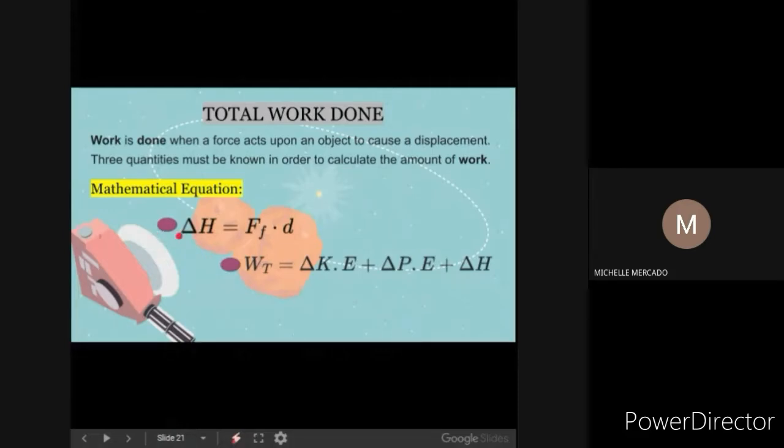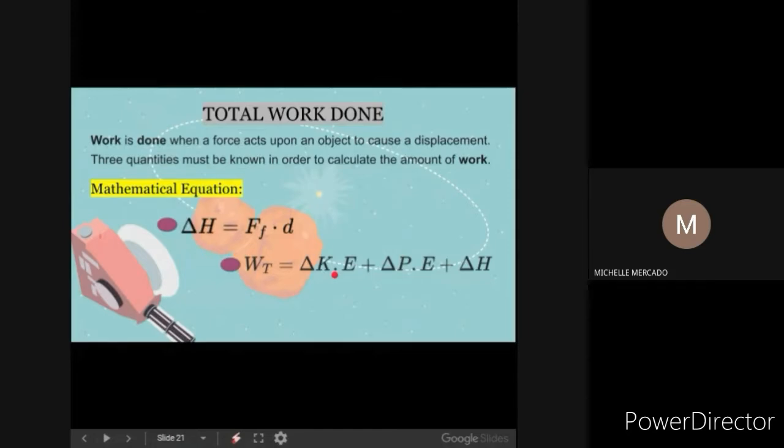Okay, so in order to find the change in heat energy, we're going to use the force multiplied by the given distance. In order to find the change in kinetic energy, we're going to use kinetic energy is equal to 1 half times mass times velocity squared.